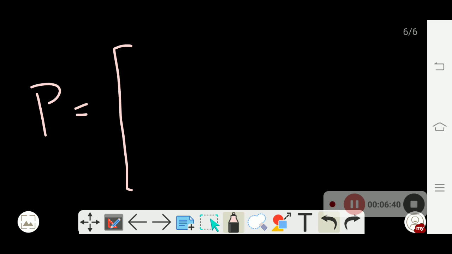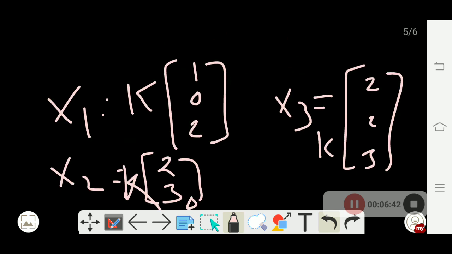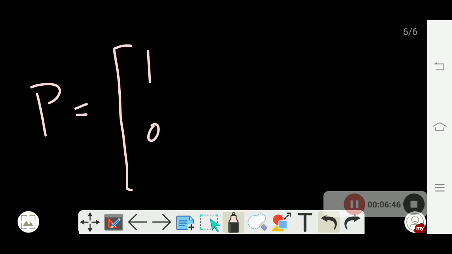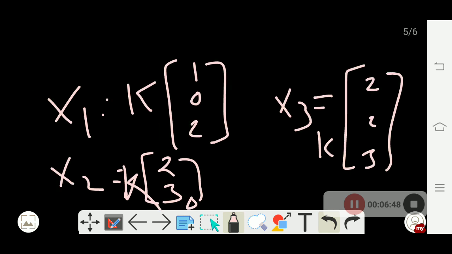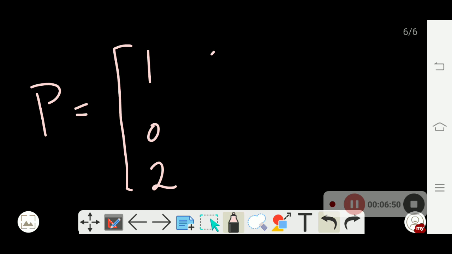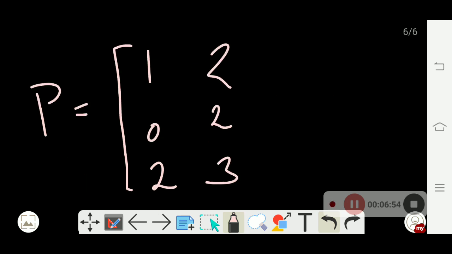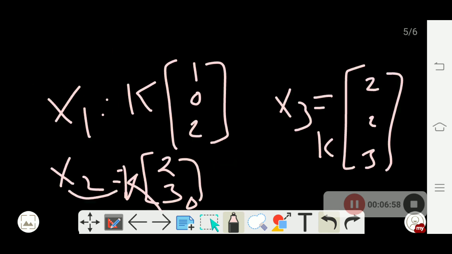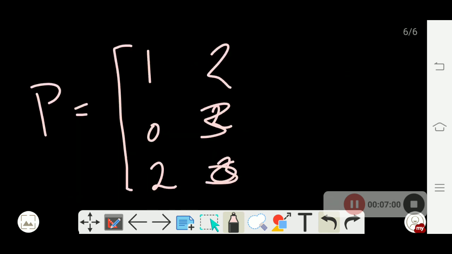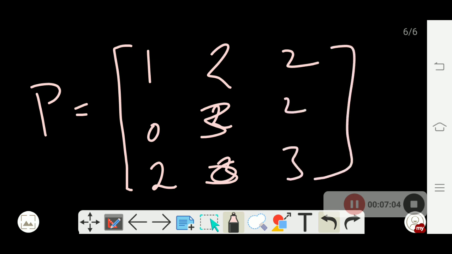So the first one will be 1 0 1, then 2 2 3. Actually this is x2, right? So this is the modal matrix. Now it is clear to you.